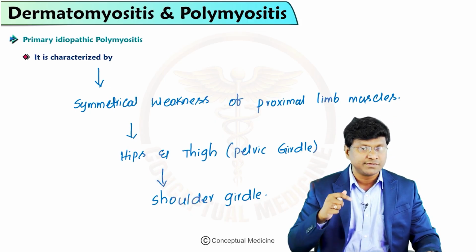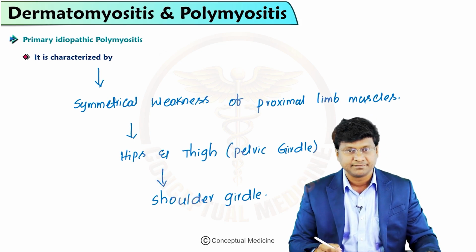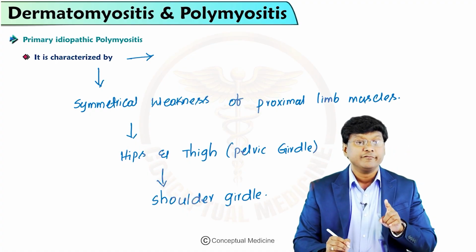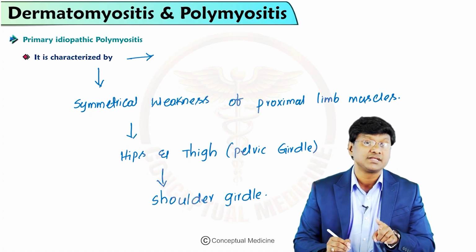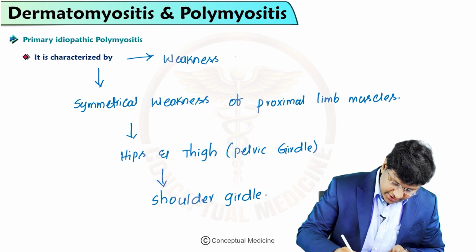Initially the proximal muscles of the lower limb, followed by the involvement of the proximal muscles of the upper limb. And these individuals also have weakness of the flexor muscles of the neck.